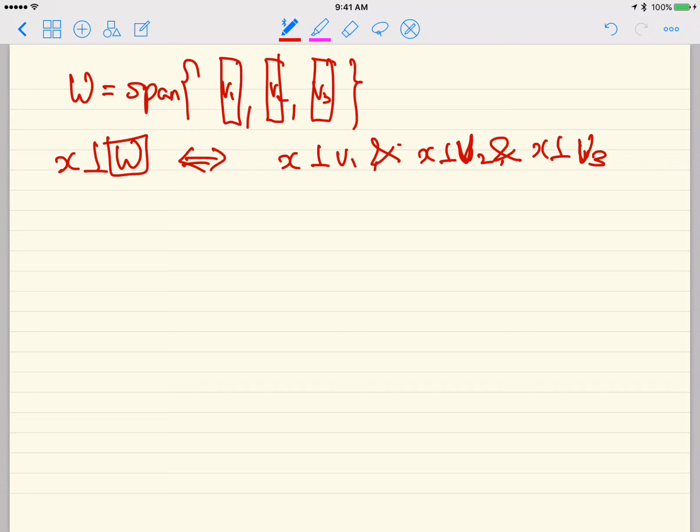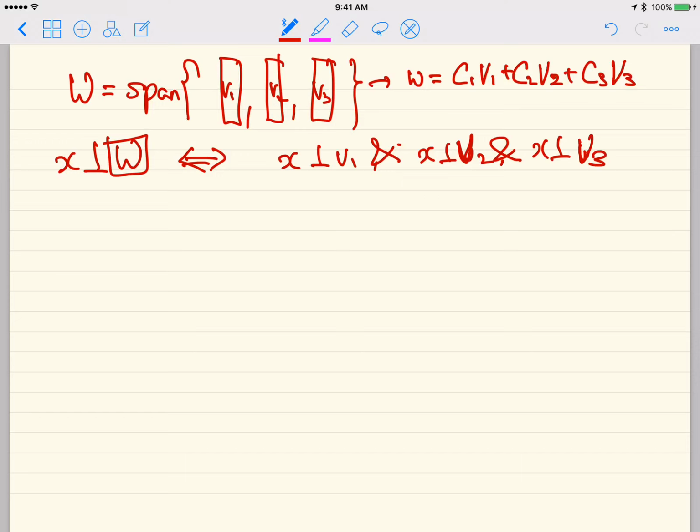Let's see why. It is very simple. In this subspace, suppose you picked any vector, maybe small w, and this small w can be represented as a linear combination of these three vectors.